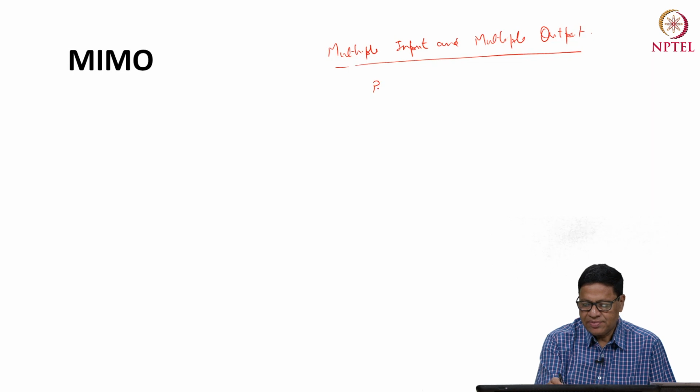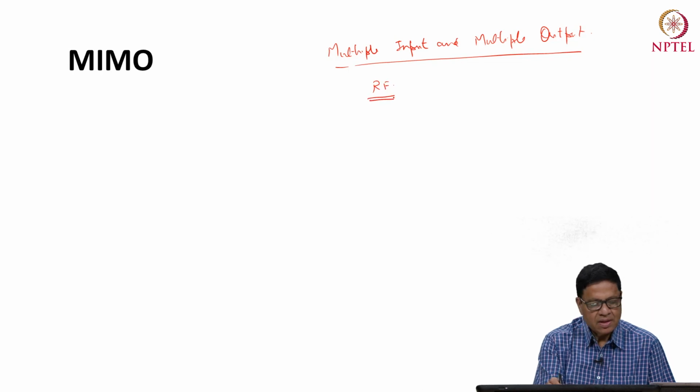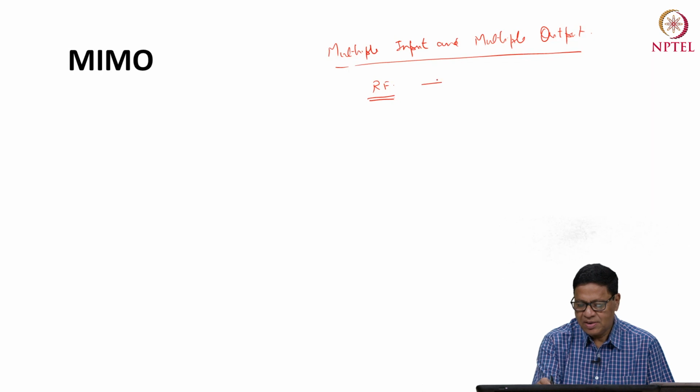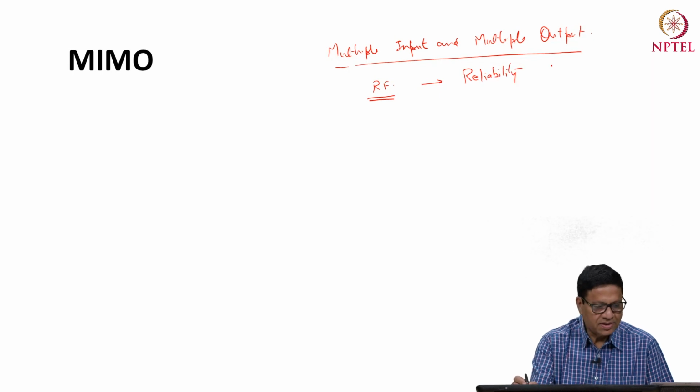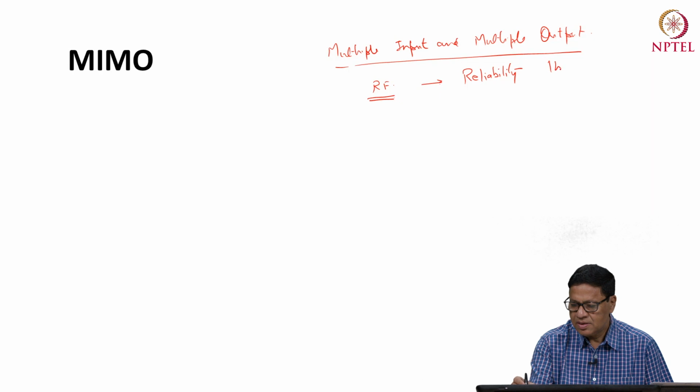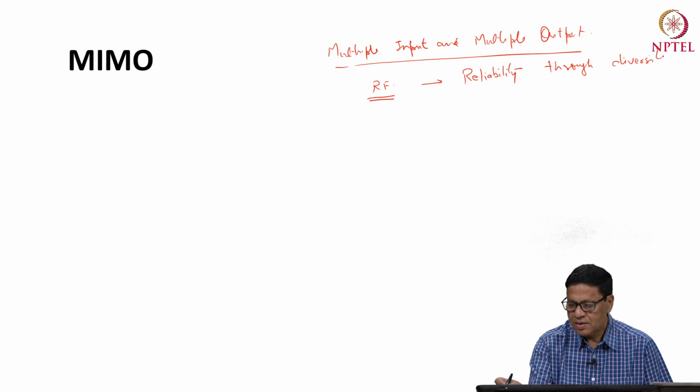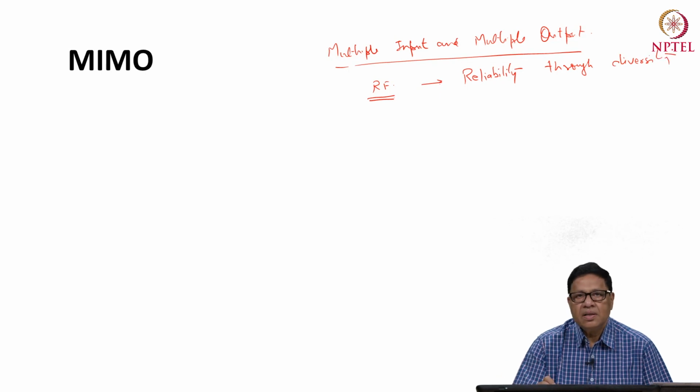So in RF, MIMO is used for increasing the reliability of the system, and this is achieved through diversity because there are multiple input and multiple output.